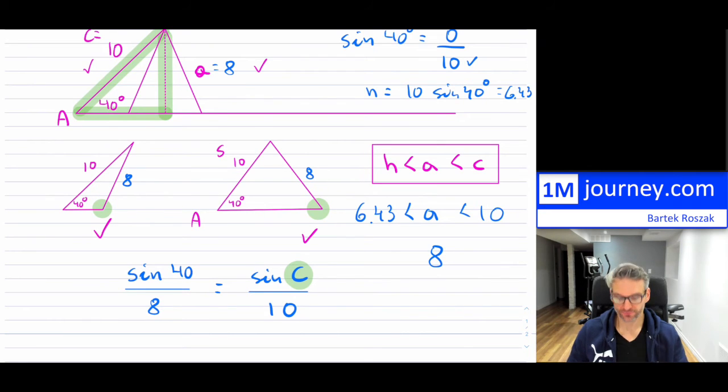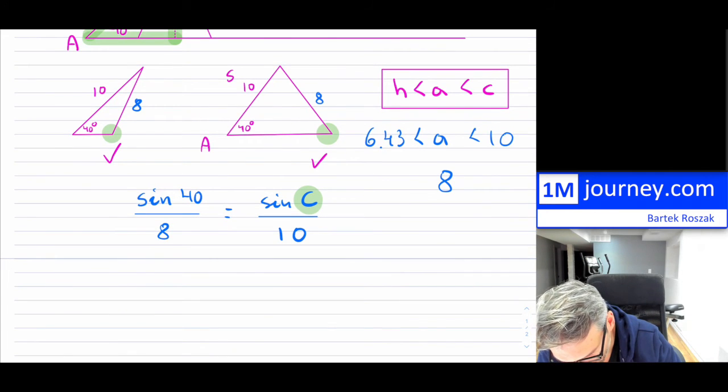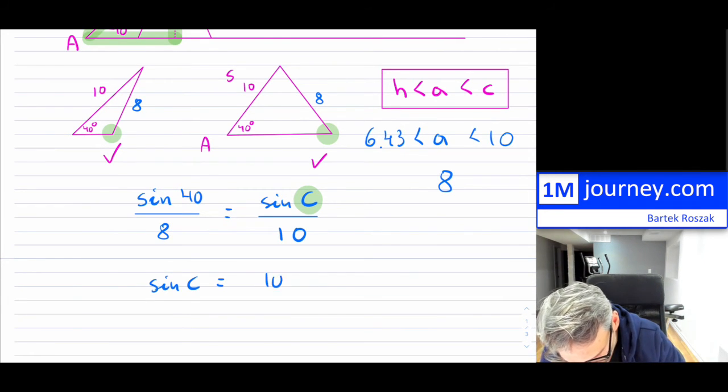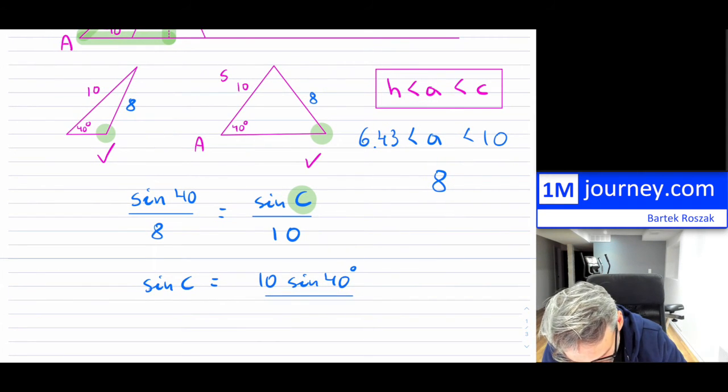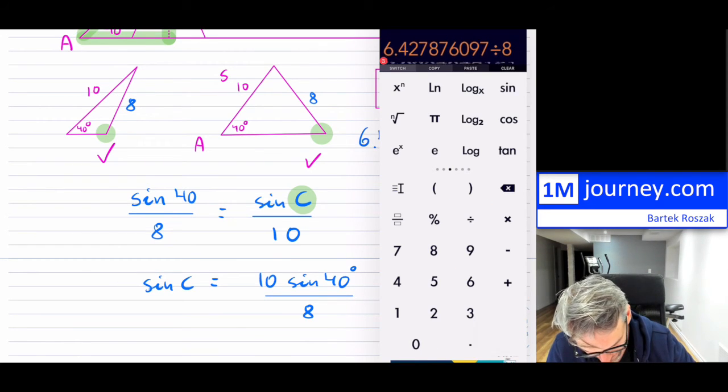All right. So let's see what this would give me. I can find sine C, which is going to be equal to, if I rearrange this, 10 times sine of 40 degrees divided by 8. So that's my height right there, and then divided by 8.